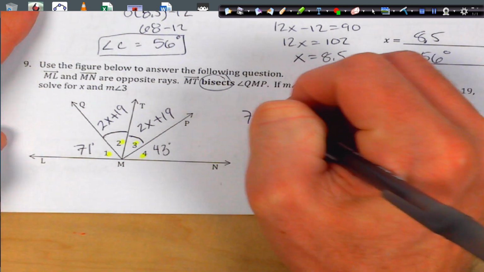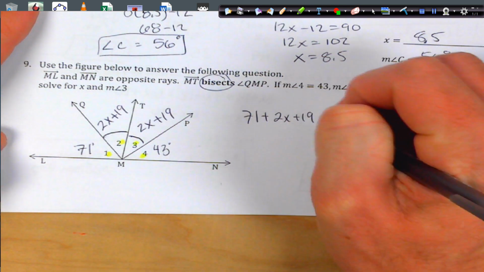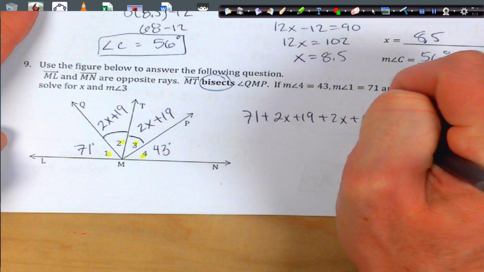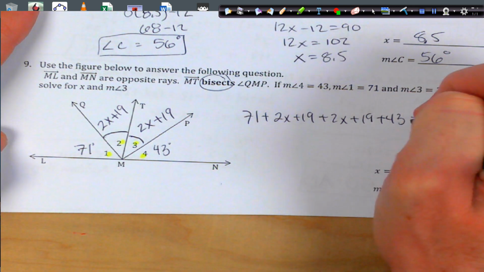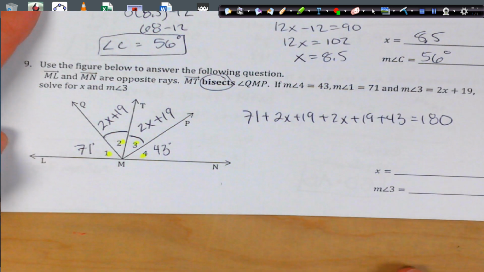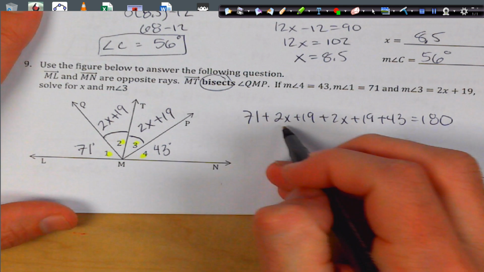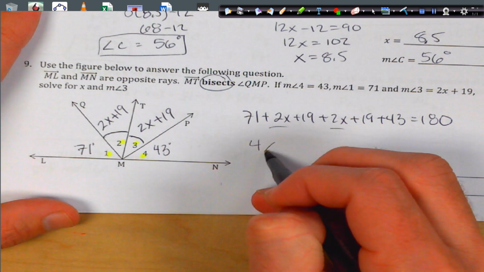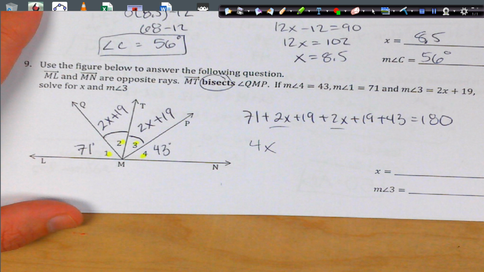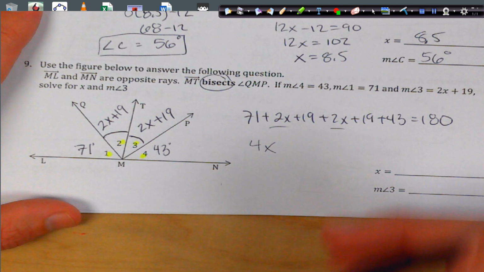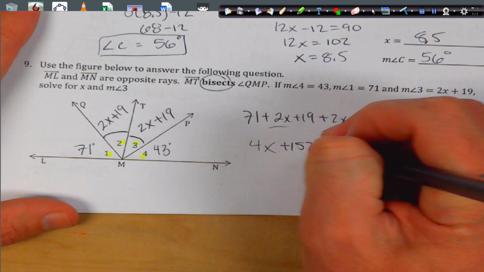71 plus 2x plus 19 plus 2x plus 19 plus 43 equals 180 degrees. So combine like terms, 2x and 2x makes 4x. The other ones I'm going to do on the calculator, so 71 plus 19 plus another 19 plus a 43 is going to be 152.